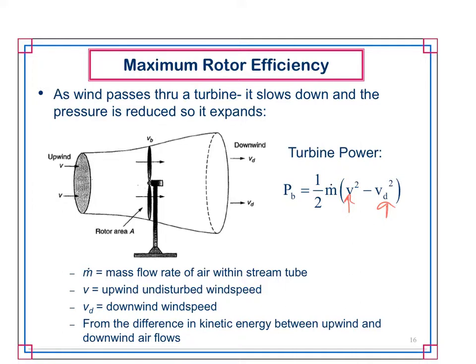So the power I'm extracting is going to be predicated on the change in velocity from upstream to downstream. It's still 1/2 times the mass flow rate. So go back to that rho A V equation that we had, right?